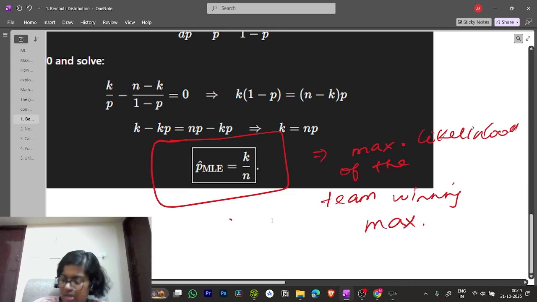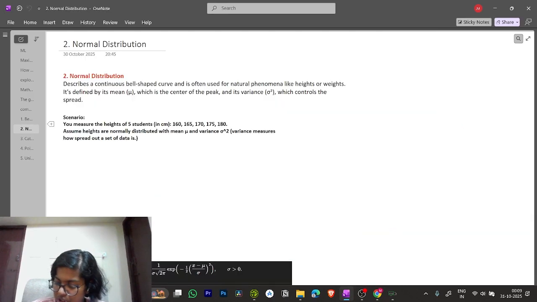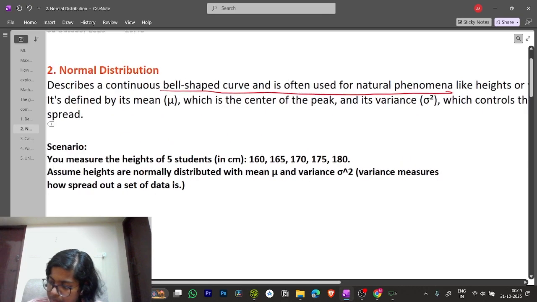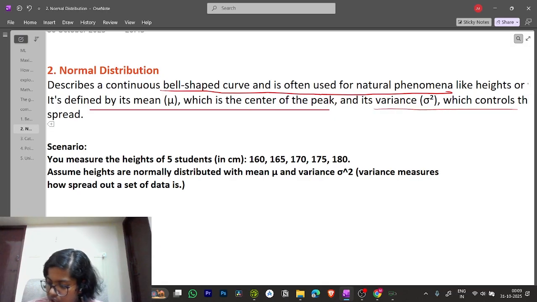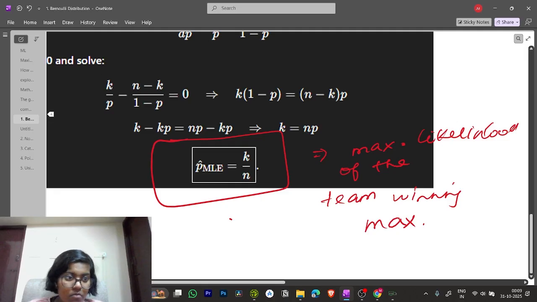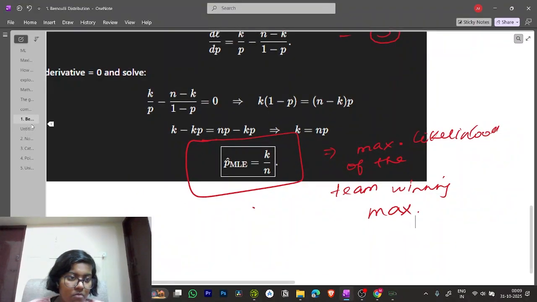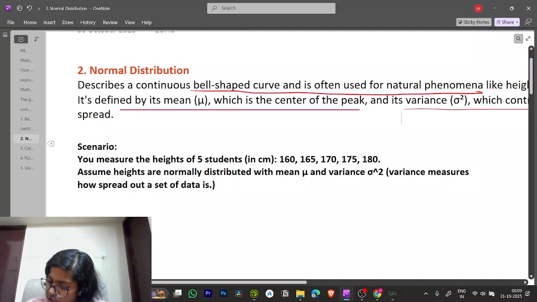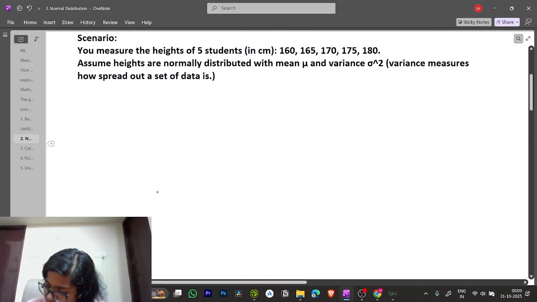Okay. So next is the normal distribution. We know that the normal distribution is a bell-shaped curve and is often used for natural phenomena. It is defined by its mean, which is the center of its peak, and its variance, which controls the spread. So here let me take a line.